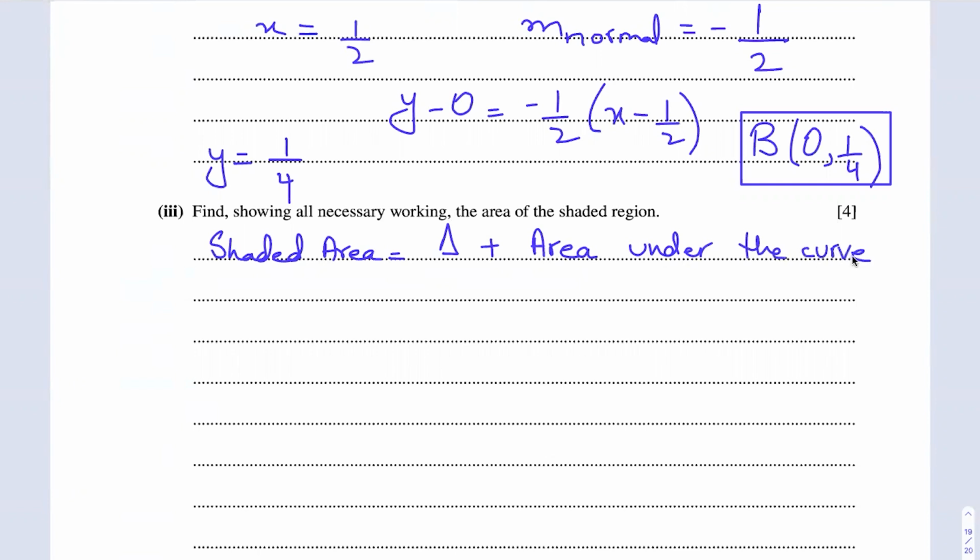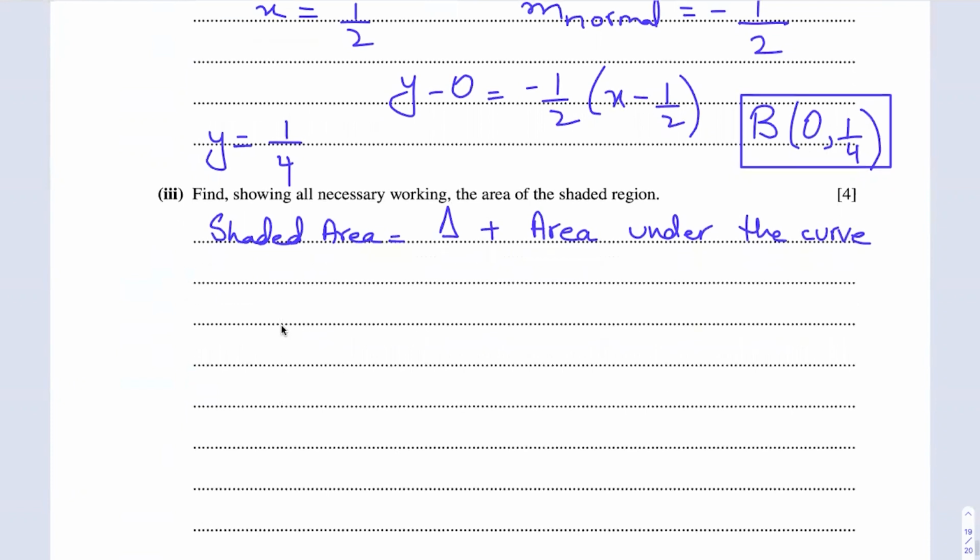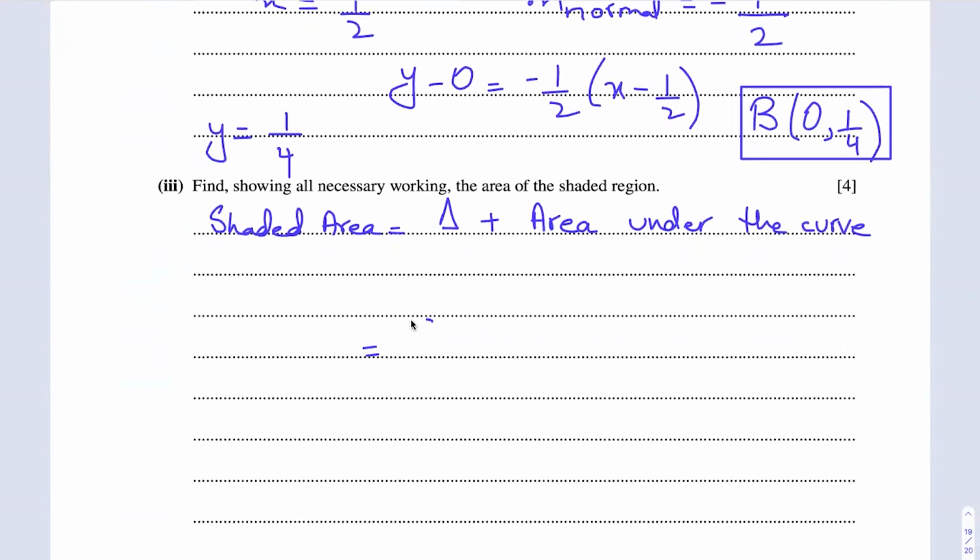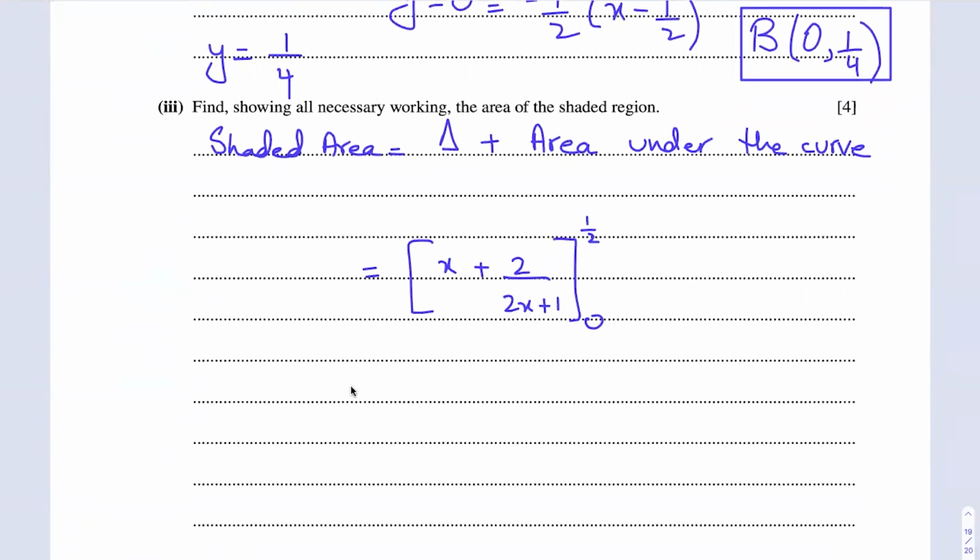For the area under the curve, we have already integrated in the first part. So the integrated form was x plus 2 upon (2x plus 1). The limits will be half and 0. So substituting half into the equation, we will get half plus 2 upon (2 into half plus 1), minus substituting 0 into the equation, we'll get 0 plus 2 upon 1.